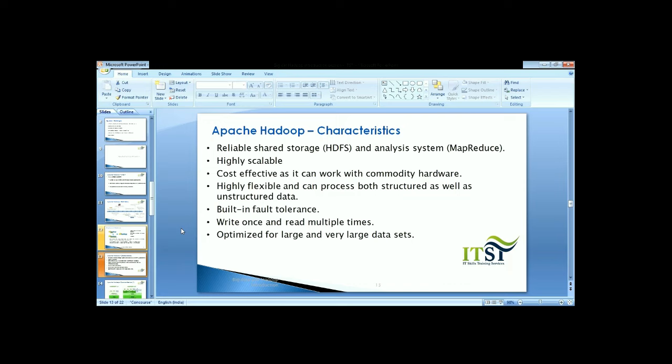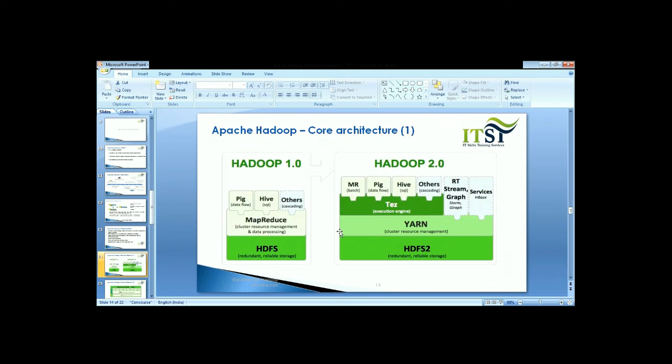Let me give you the architecture, what architecture this Hadoop ecosystem has. You can see two diagrams here: one is Hadoop 1.0 and the other one is Hadoop 2.0. As I told you, improvisations are always there. Hadoop 2.0 is the latest version of Hadoop, which was introduced, I guess, in late 2013 or early 2014. Initially there was only Hadoop 1.0, so we all started off with Hadoop 1.x.